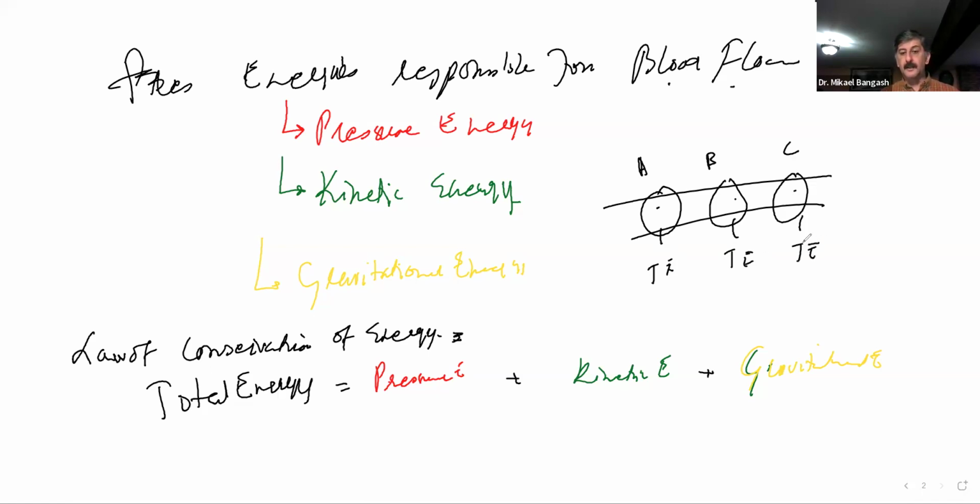What is it made up of? The sum of your pressure energy, your kinetic energy, and gravitational energy. Is that clear? The sum of these energies is going to be the same at any point within the blood vessel, as a result of the law of conservation of energy.